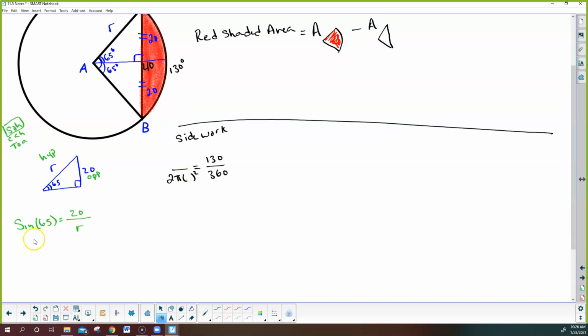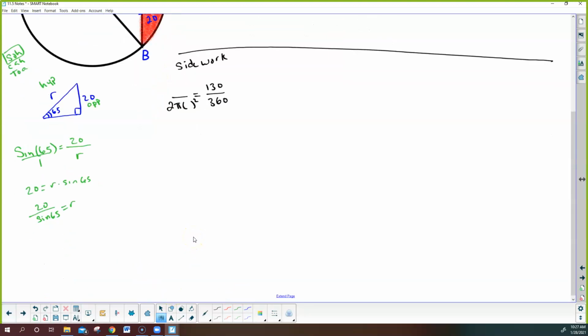And sine is opposite over hypotenuse, so we can cross multiply. I get 20 times 1 equals r times the sine of 65. But then I would divide by the sine of 65, and then let my calculator do the work from there. If you haven't changed your calculator at all, it should still be in degrees mode.